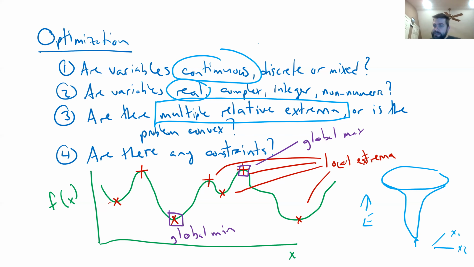So at least for many proteins, there's a kind of funnel-like concave hull, if you will, for the problem, but on that there are a lot of local relative extrema.